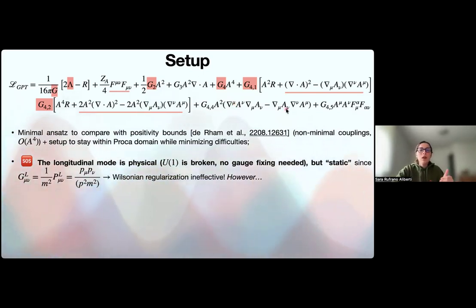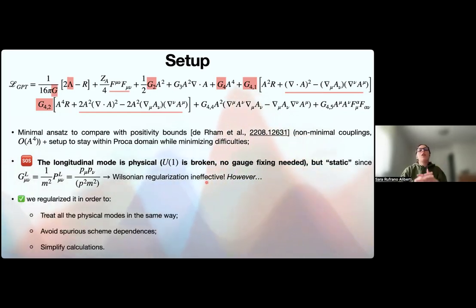And so, no gauge fixing is needed, but the longitudinal mode is still static, as written here, in the sense that if we look at the longitudinal propagator, meaning the propagator of the longitudinal mode, there are no contributions coming from the kinetic term, which means that the Wilsonian shell-by-shell regularization for this physical mode will be ineffective.